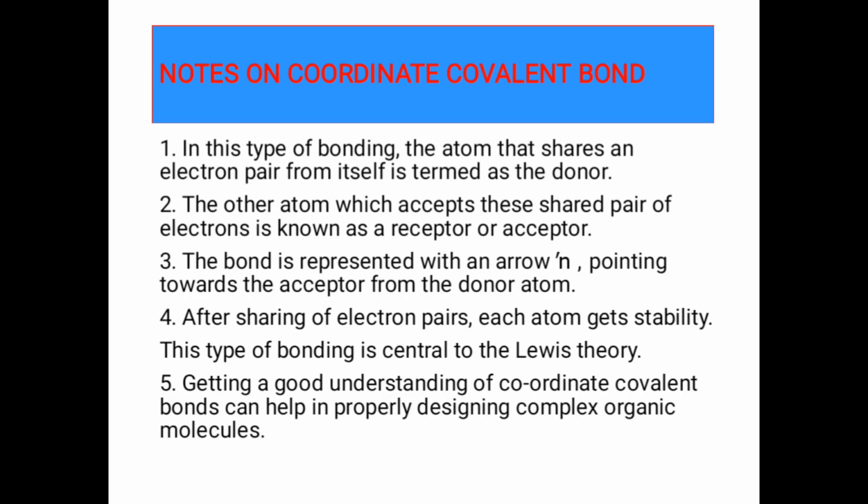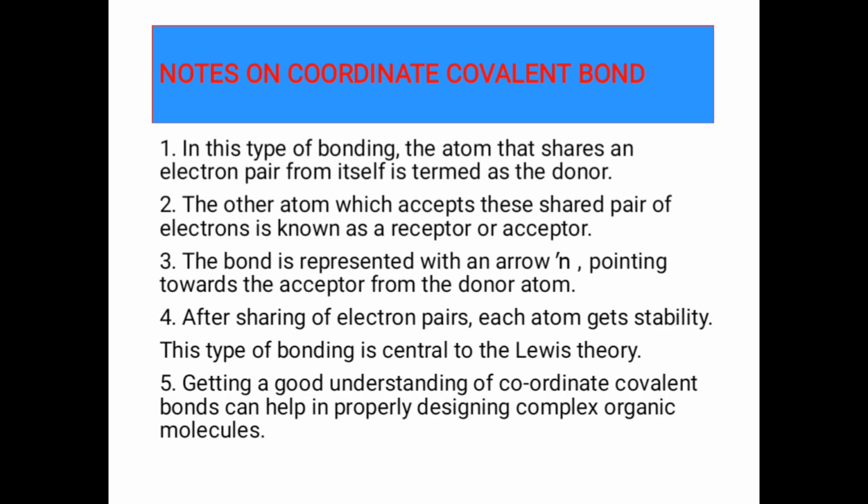Okay, so some of the things you need to note under coordinate covalent bond is, in this type of bonding, the atom that shares an electron pair from itself is termed the donor. Second is that the other atom which accepts this shared pair of electrons is known as the receptor or the acceptor.